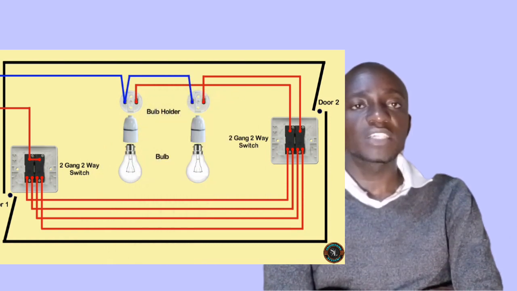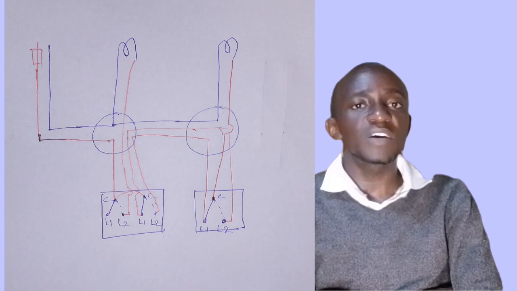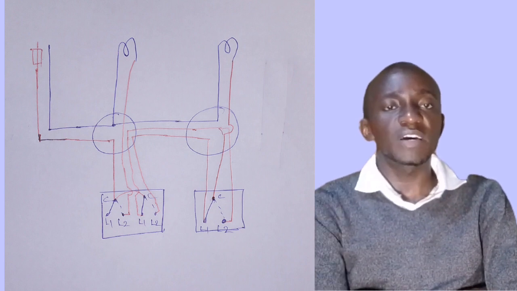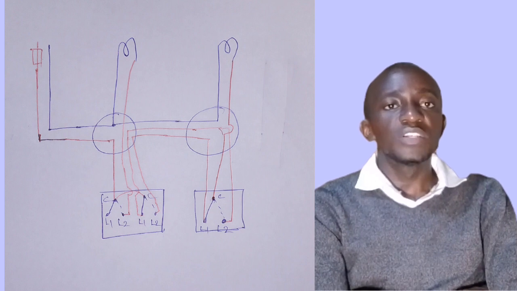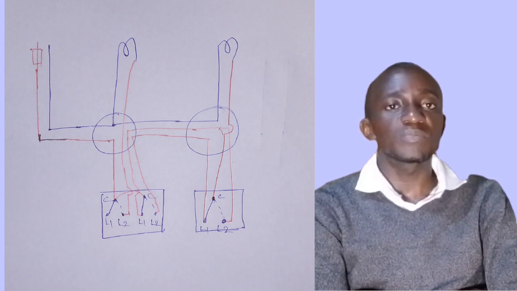There is also another connection of two-way switches where you find one lamp has been connected in a one-way switching method and the other lamp has been connected in two-way switching method. If you are living in a 2-bedroom or 3-bedroom residential house, then you will find that sometimes you need to light the lamp at the sitting room when you are at your bedroom.